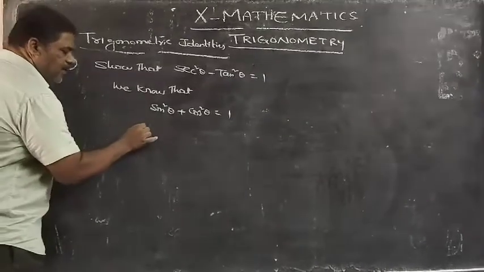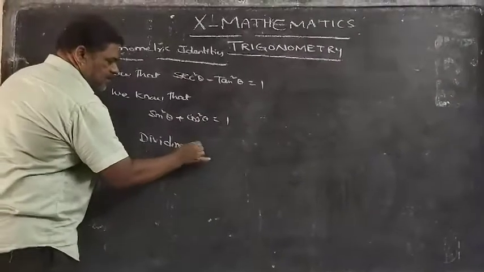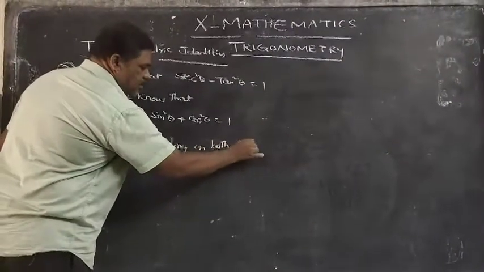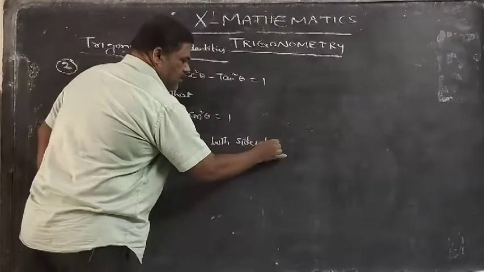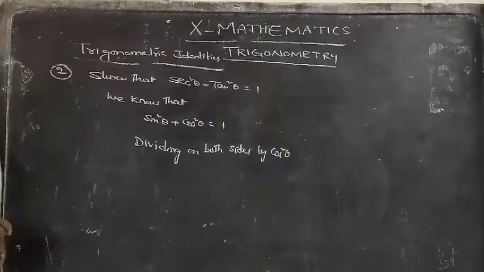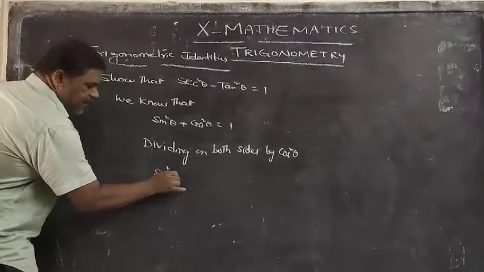Now, dividing on both sides by cos square theta. So let us divide every term by cos square theta.